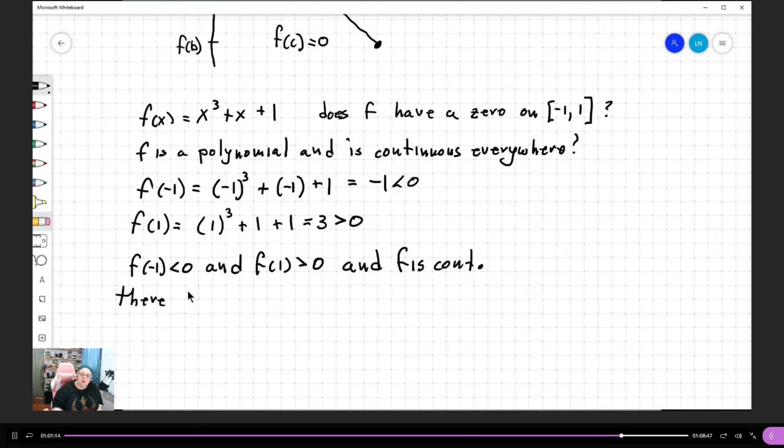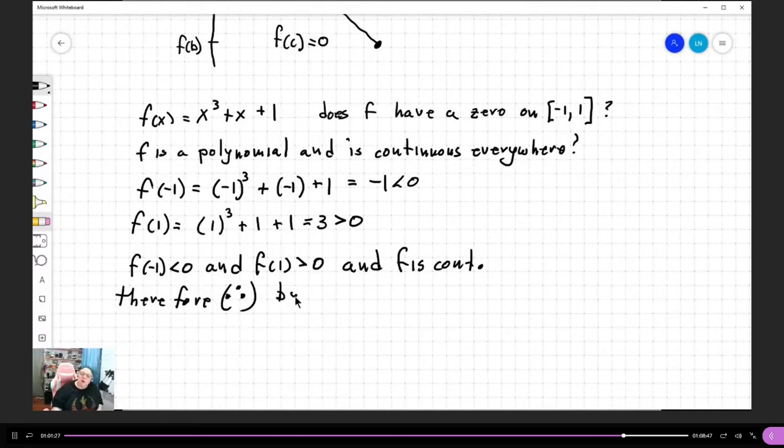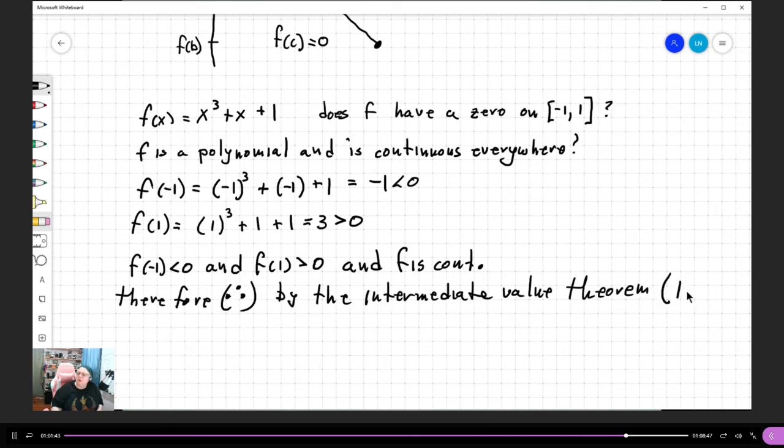Therefore, by the way, you write therefore in math like this, without the parentheses. Therefore, by the intermediate value theorem, also by the way, we tend to say IVT, f has a 0 on the open interval from -1 to 1.